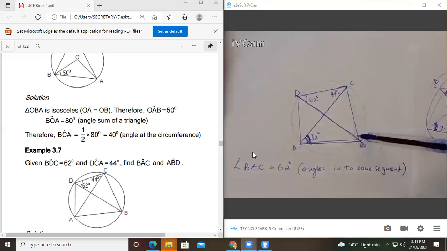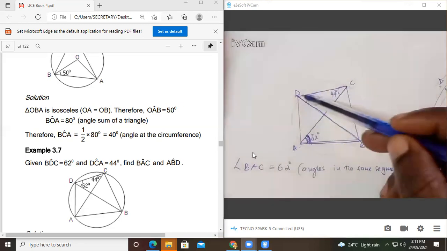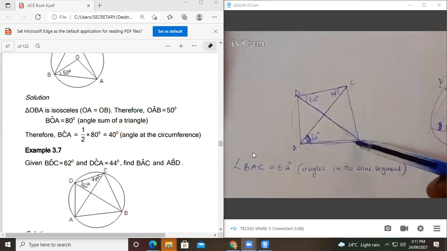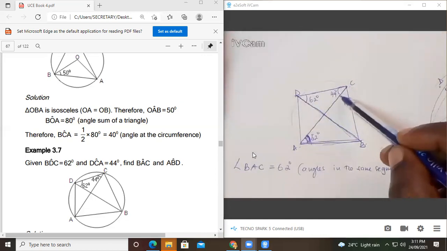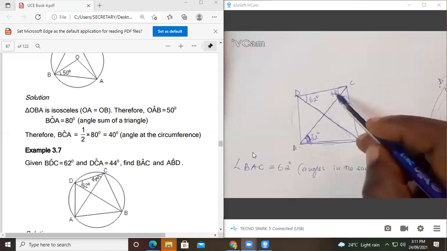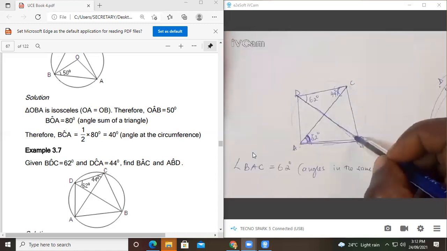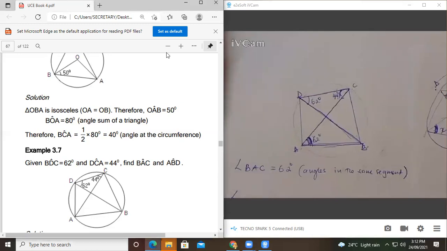This chord creates two segments, this segment and this segment, so this angle which is here is equal to the angle which is there. Okay, now how do we get 44? 44 is this side. So this angle here is equal to which angle? They're asking for the second part, they are asking you to find angle ABD.